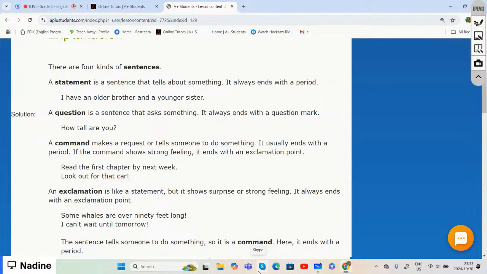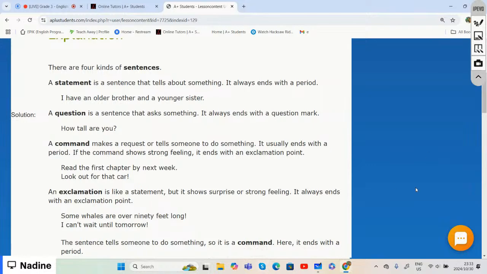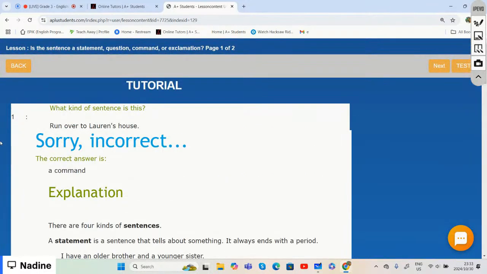So now we're going to look at a few examples or activities, and then we're going to our test.